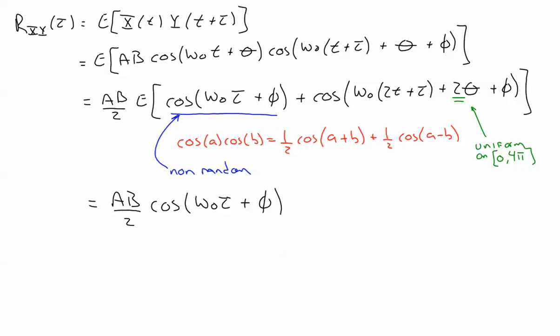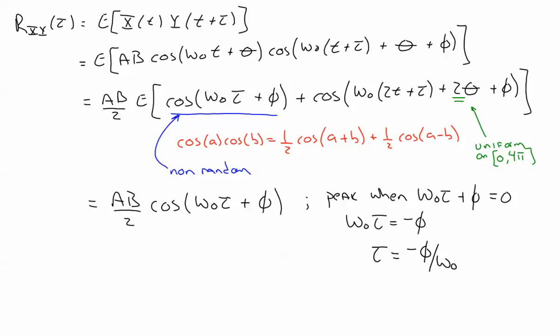The central peak occurs when omega naught tau plus phi equals 0, or omega naught tau equals negative phi, or my shift parameter tau equals negative phi over omega naught. That'll be in seconds.